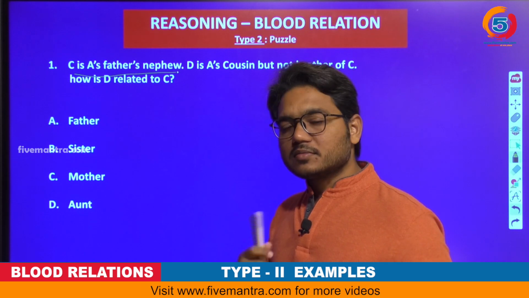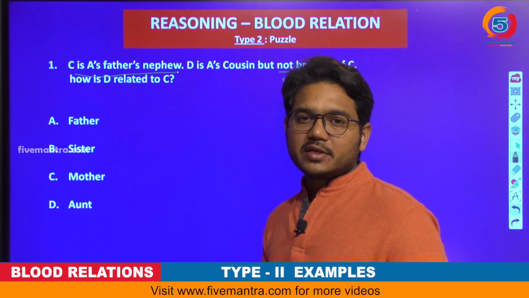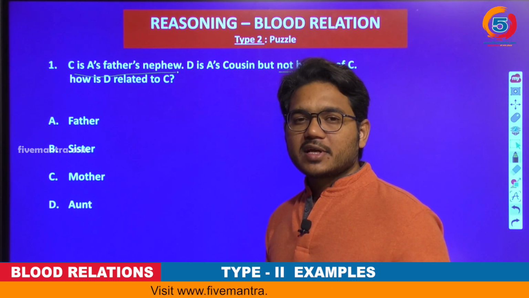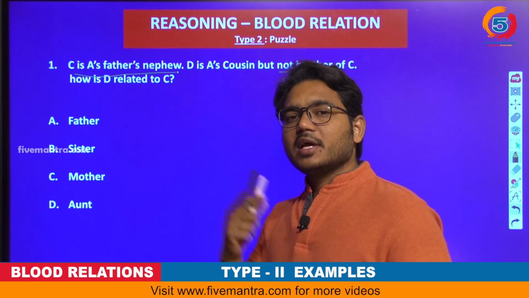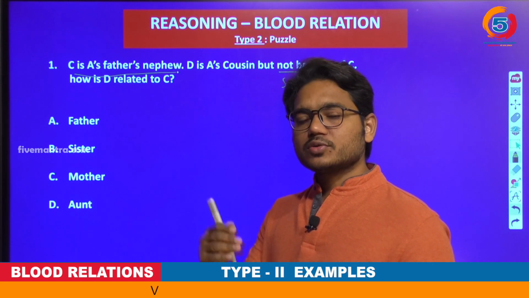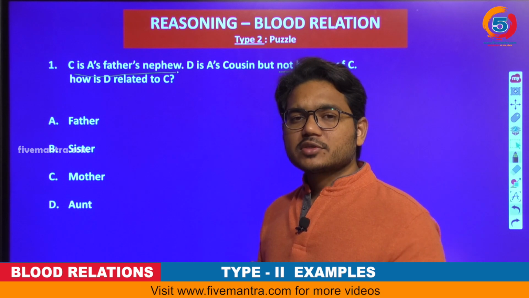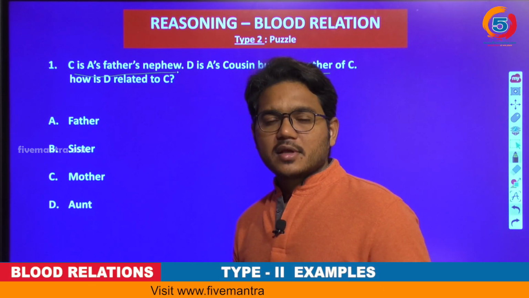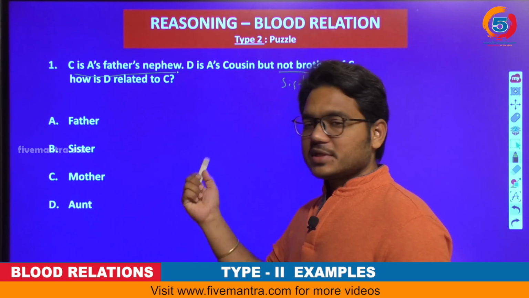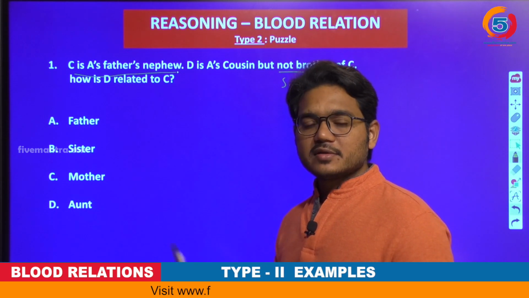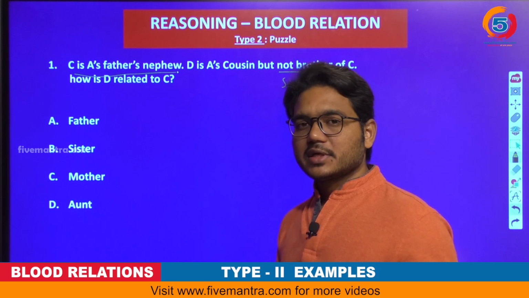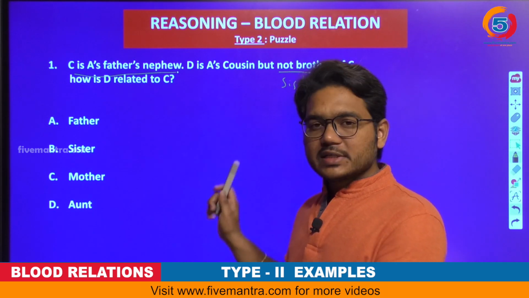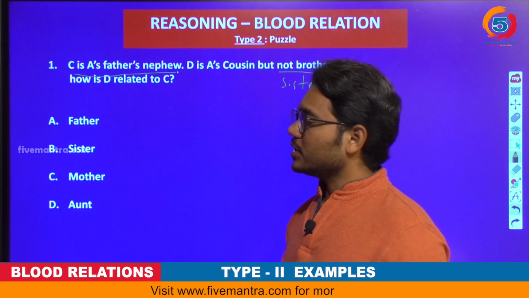As I told you, in the first type we identify the generations above the speaker, at least one or two generations, which you can also call the ascendants of the speaker. But in the second type you need to identify the parent-child relation first, which is not clear in this particular problem, so we go ahead with this.